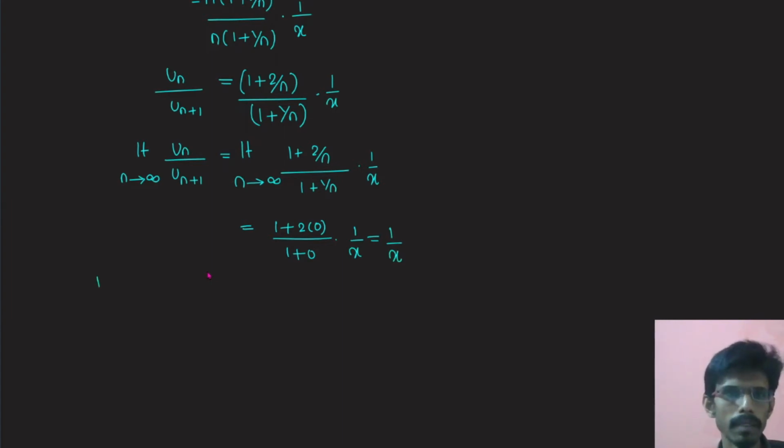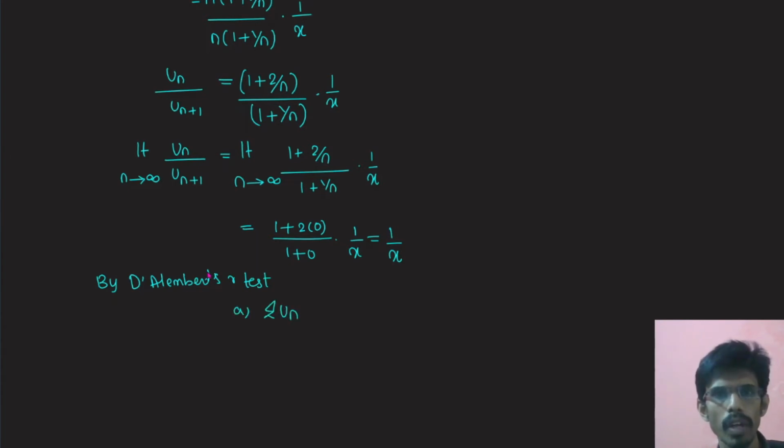Now by D'Alembert's test, the given series sigma un converges if this value of 1 by x is greater than 1.